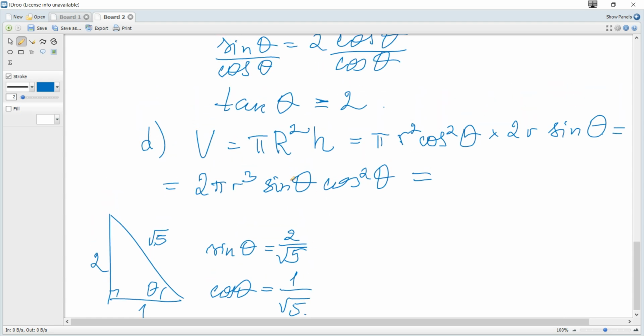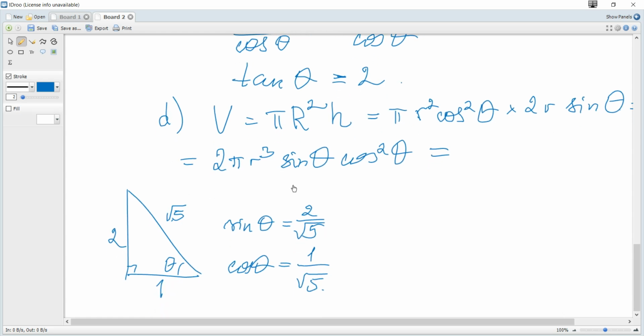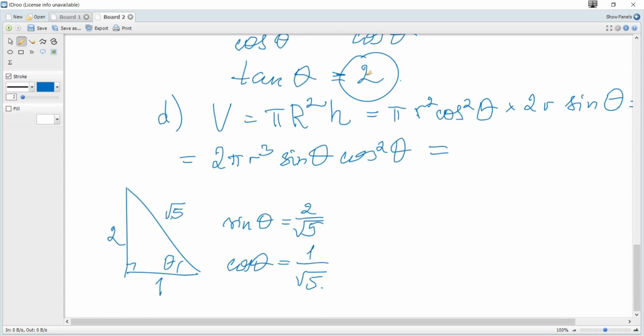In general, because theta may be in any quadrant, we take these values by absolute value, consider such a right angle triangle, write sine and cosine, and finally put a sign according to the quadrant our angle is in.